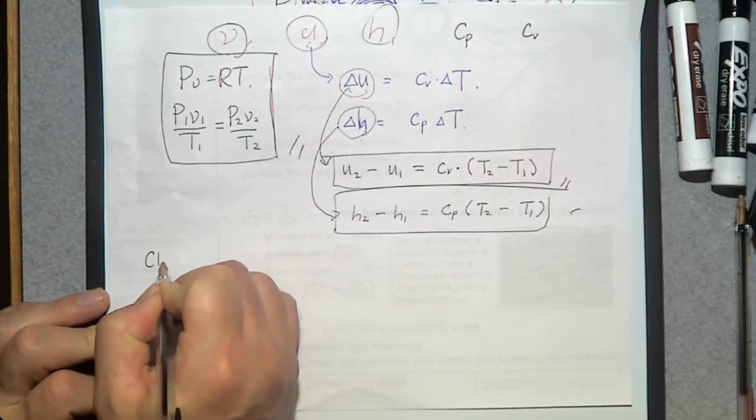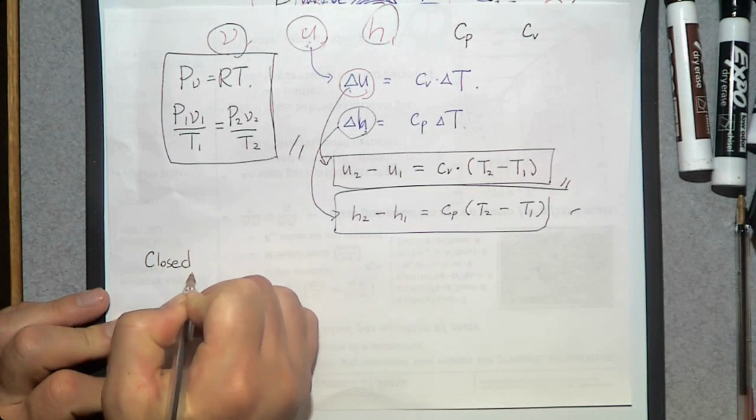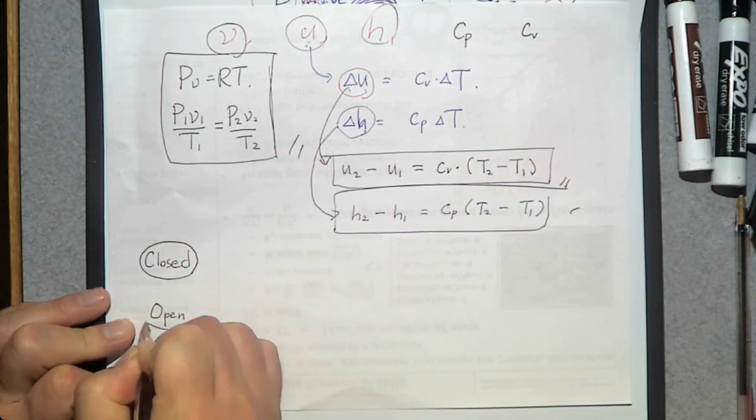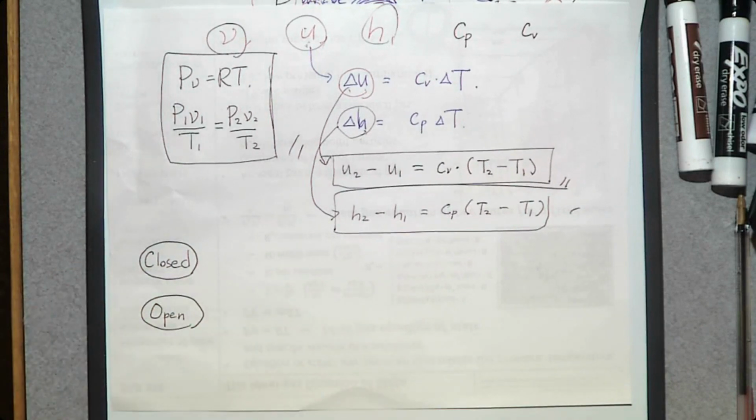So, closed system, and the other one is open system. What is the difference between a closed system and an open system? Mass change. If there is no mass change in the system during the process, that's a closed system.